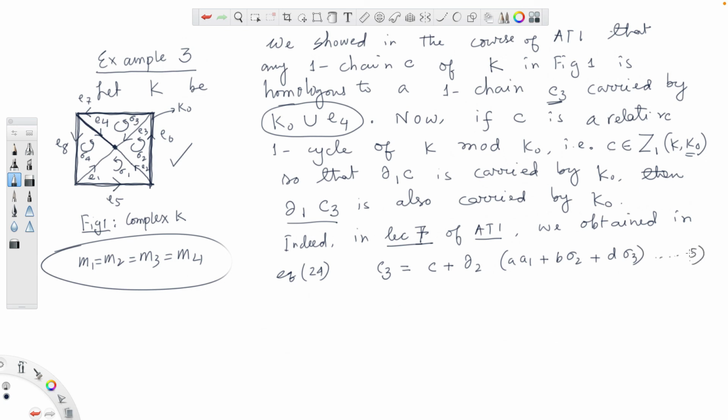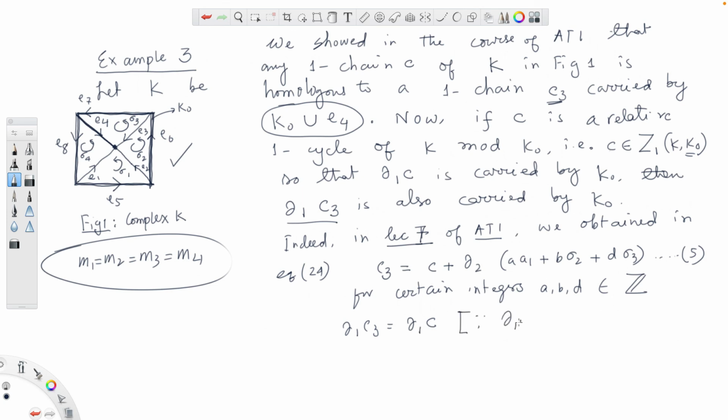This is in our case equation number 5, for certain integers A, B, D in Z. So from equation number 5, by applying the boundary operator on both sides, we see that delta 1 C3 must be equal to delta 1 C. Why?